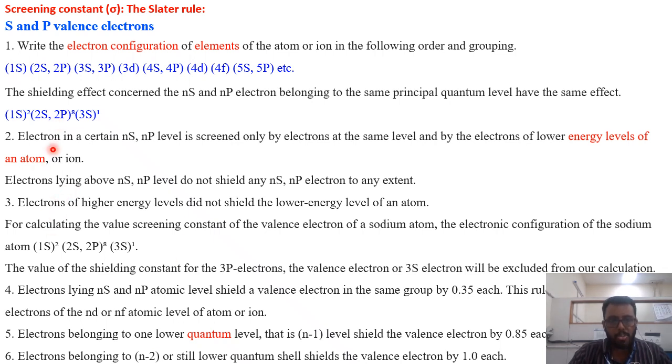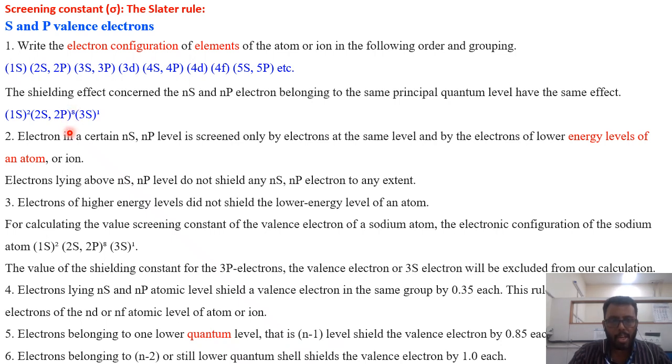The second rule states that an electron in a certain ns or np level is screened only by the electrons present at the same level and by the electrons of lower energy levels of the atom. For instance, if you are calculating the screening constant for a 2p electron, how many electrons are here? 8.